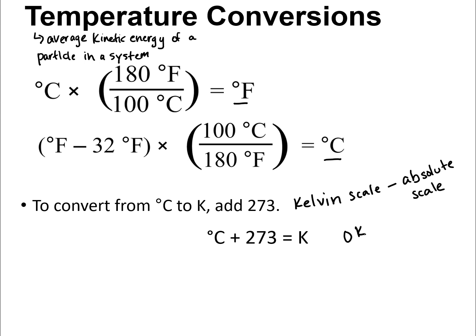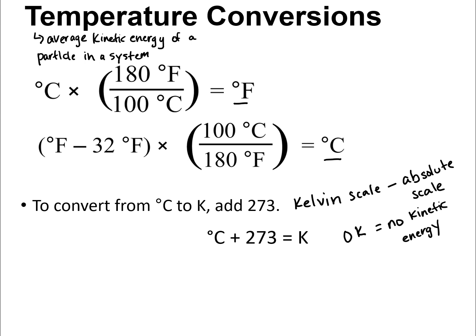It's just Kelvin. It's got a K. 0 Kelvin means no kinetic energy. It is absolute zero, the absence of energy. But with degrees Fahrenheit and degrees Celsius, you can have a temperature that's below 0. So those scales are relative. Kelvin is not.